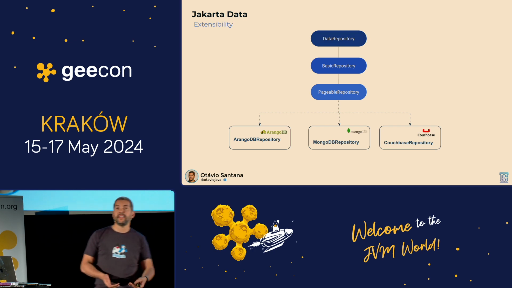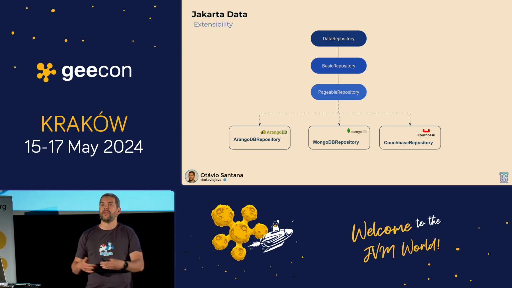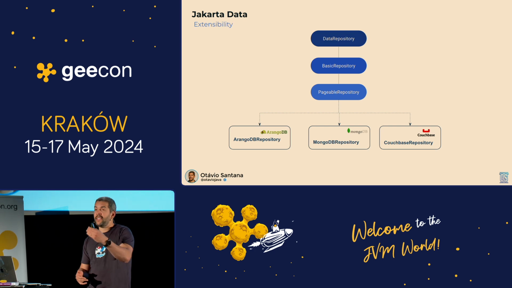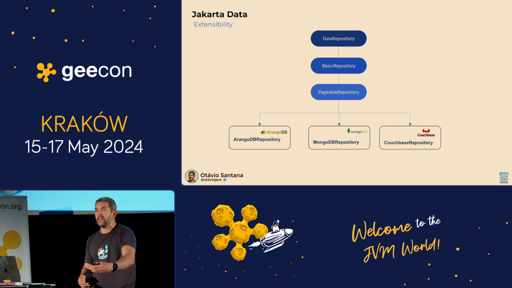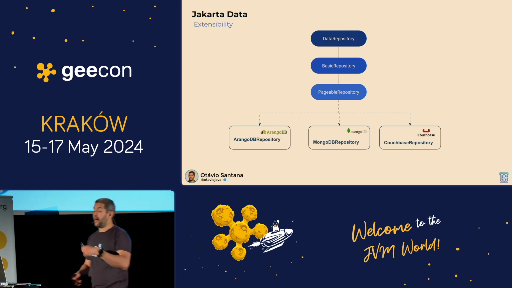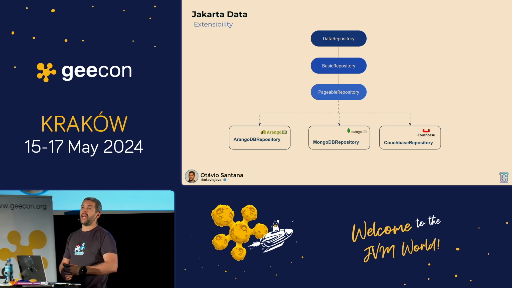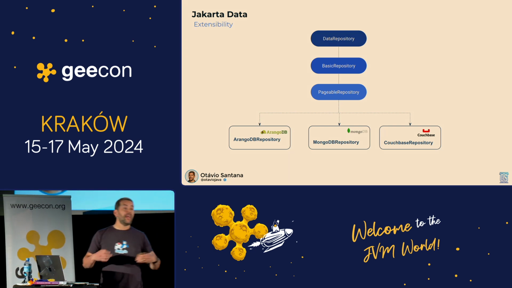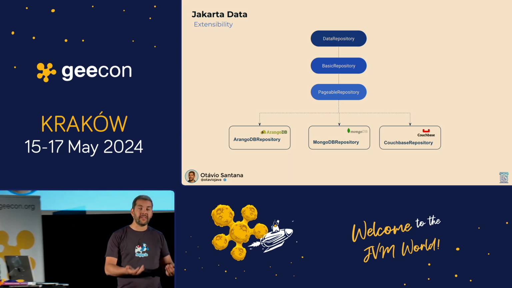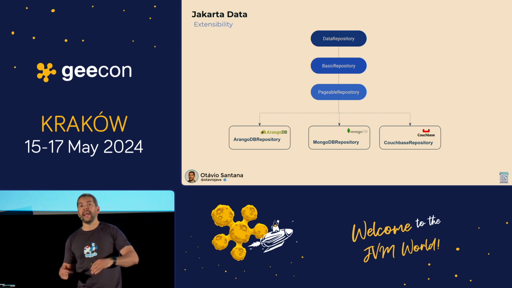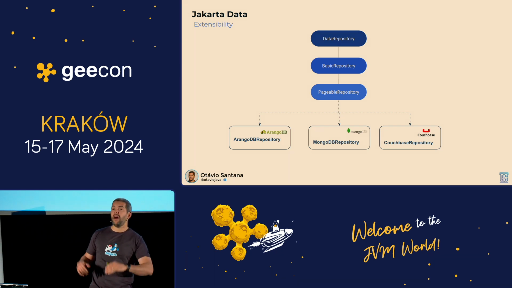And as you can see, CRUD repository is a specialization of a basic repository that can do a little bit more things. For example, create, insert and update methods inside this kind of repository. And if you wish, you can go beyond. You can take particular behaviors of this database.